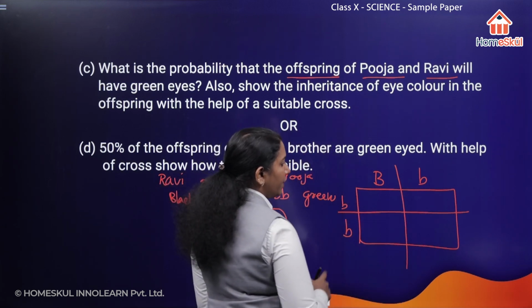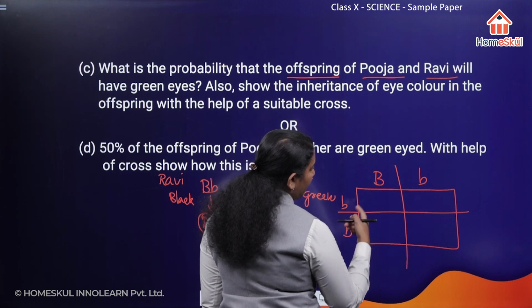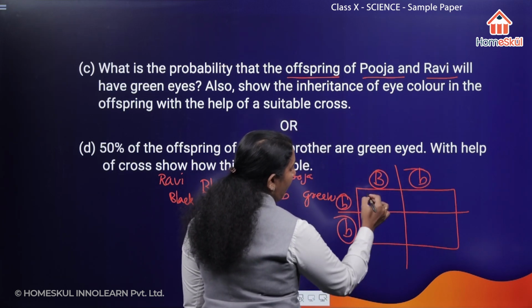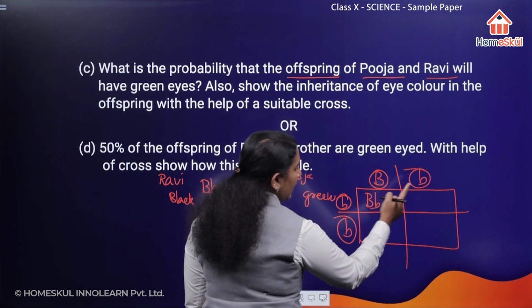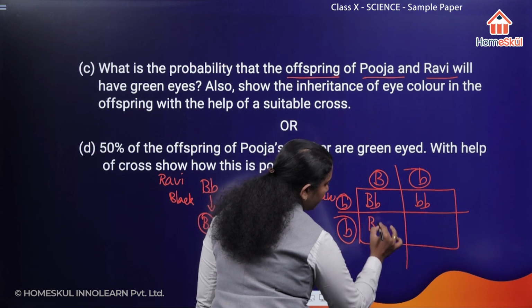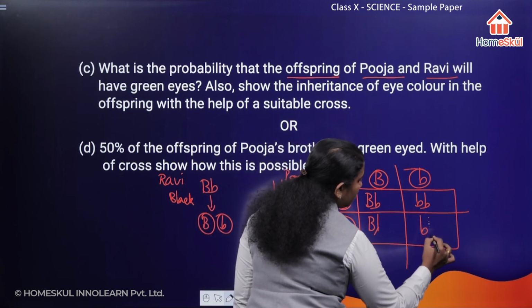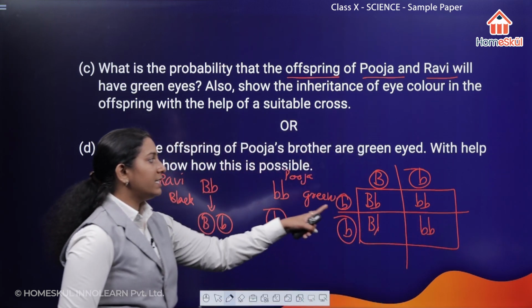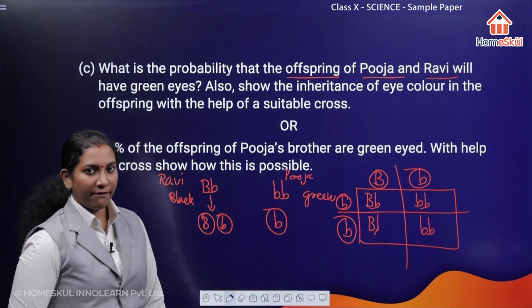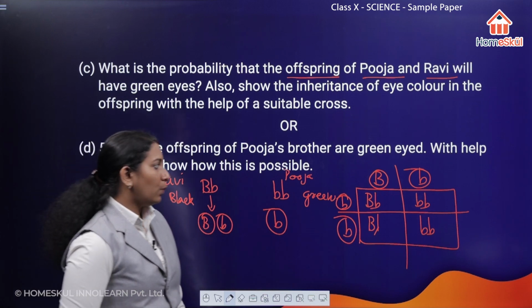Then you can use this Punnett square to cross the gametes. These are gametes. So capital B, small b, and here you will get small b, and here again capital B, small b, again small b. So this will be the genetic makeup of the possible offspring that Pooja and Ravi will have.